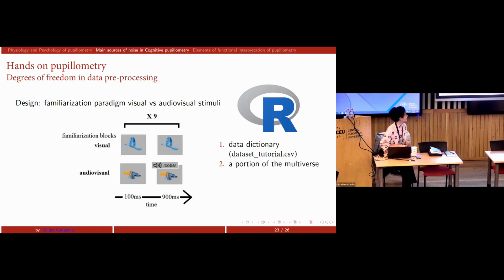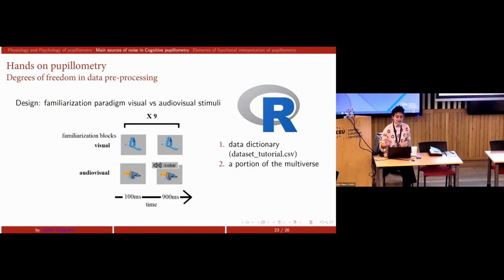So we will see together the data set, how to read it, and then we will explore a portion of the multiverse through R in the preprocessing of the pupillometry, or of the pupil data.